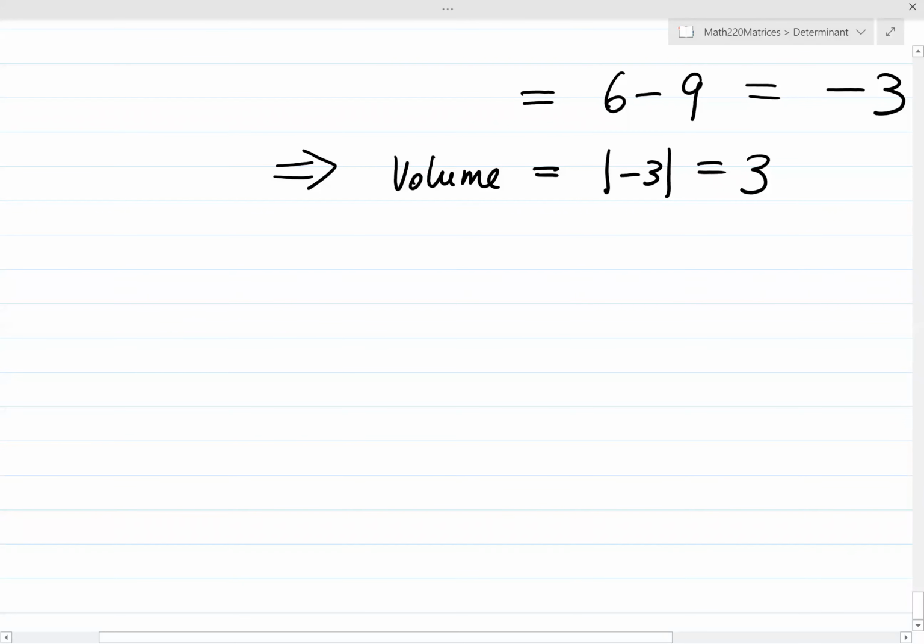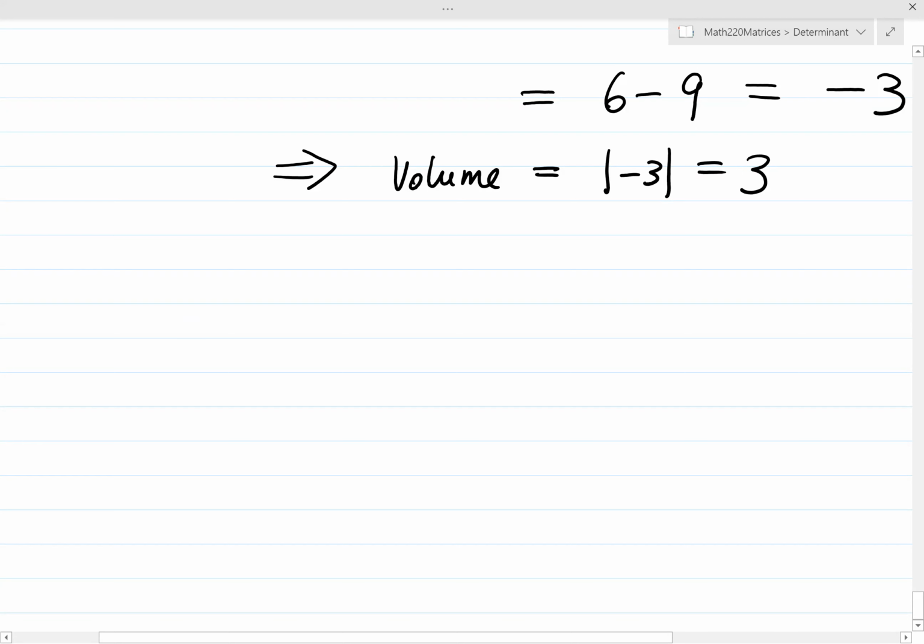Now we have already seen examples of how we should define 2 by 2 and 3 by 3 determinants. We have only one unique choice to determine it in the natural way.